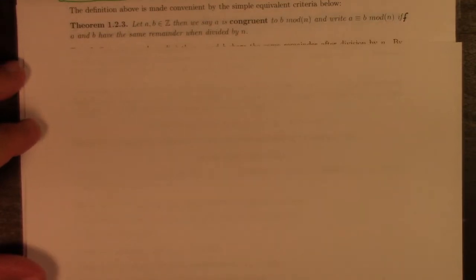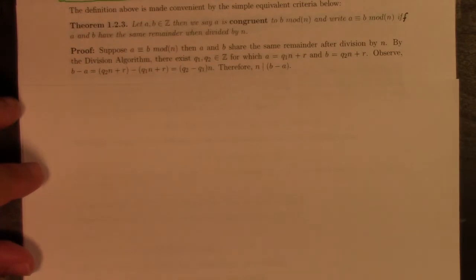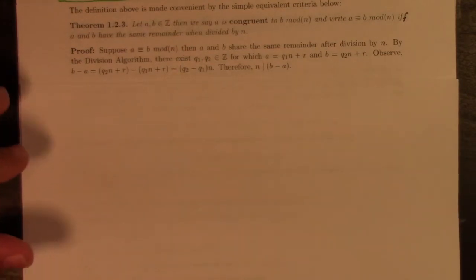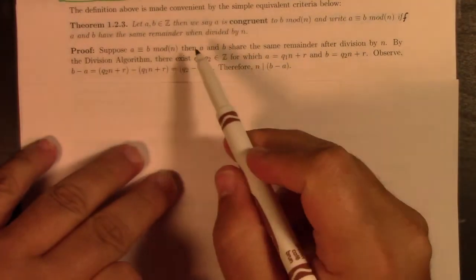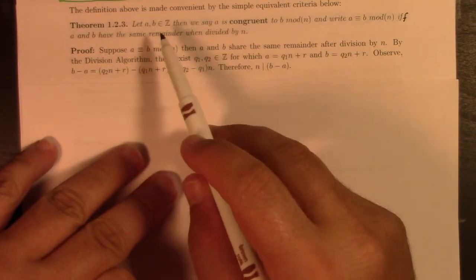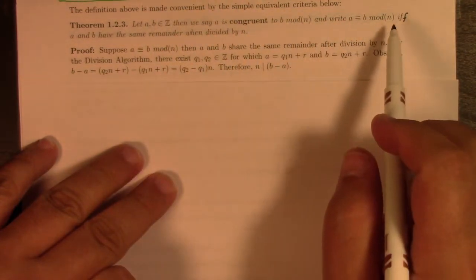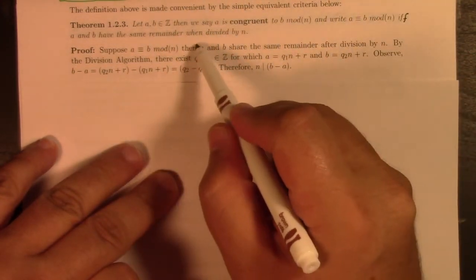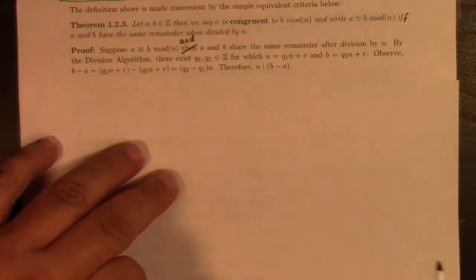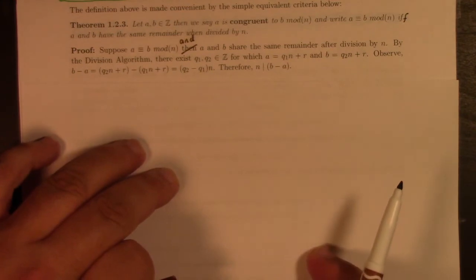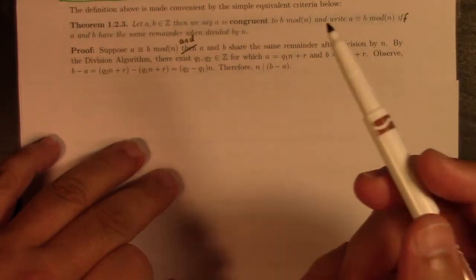Now I was just getting very confused reading my own proof, which is never a good sign, when I realized I have done something unfortunate. What I meant to put here is: suppose A and B are congruent mod n... actually not even that, this is still wrong, I'm sorry.